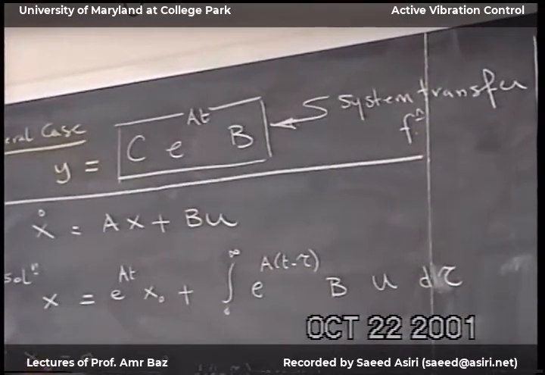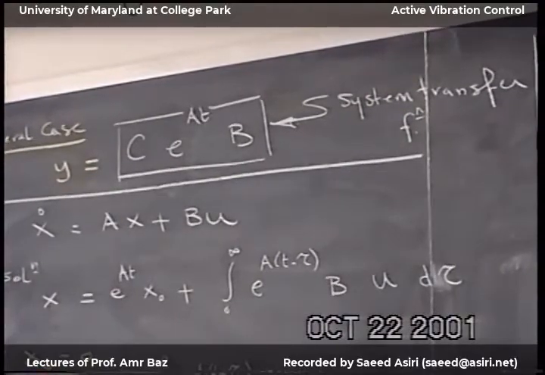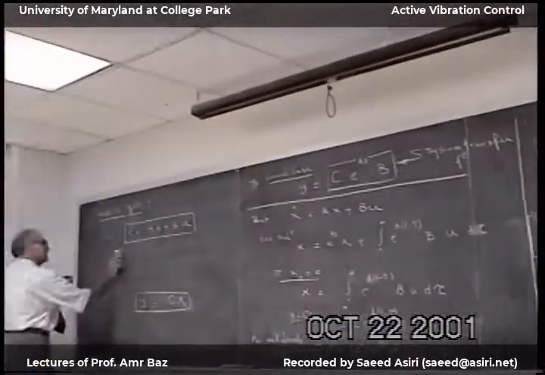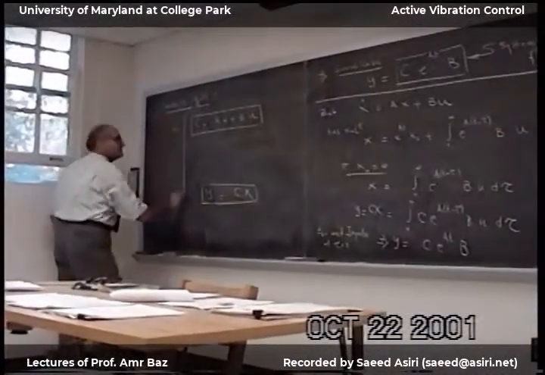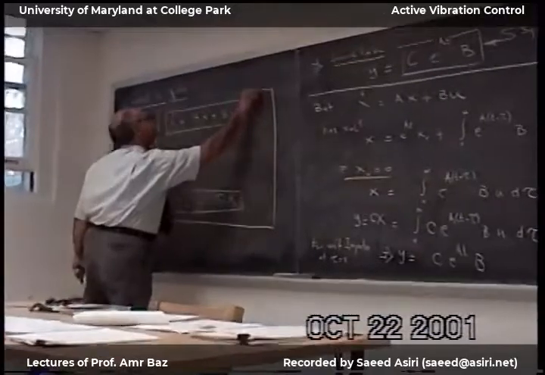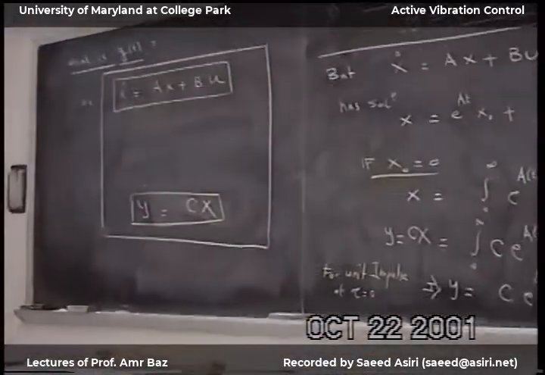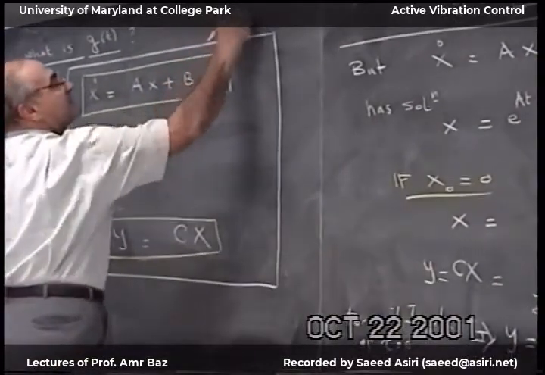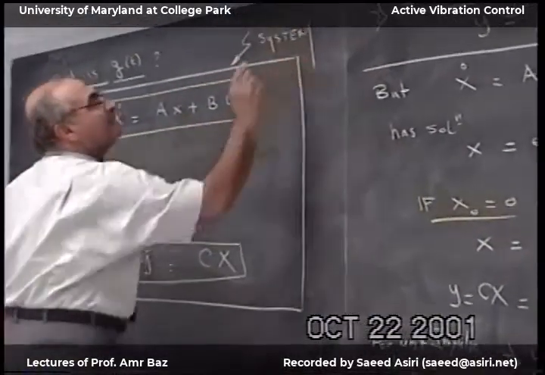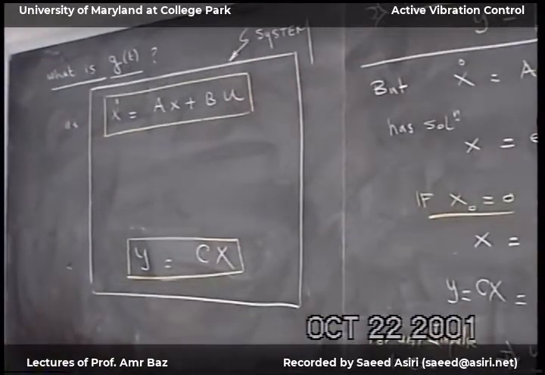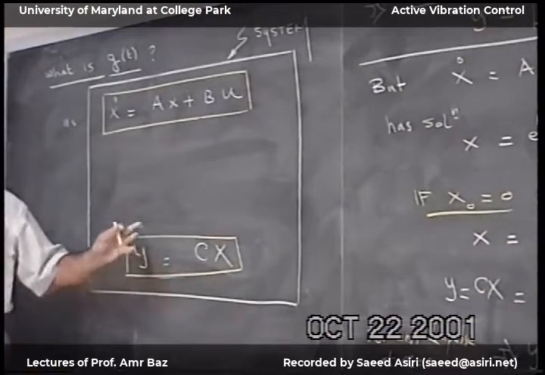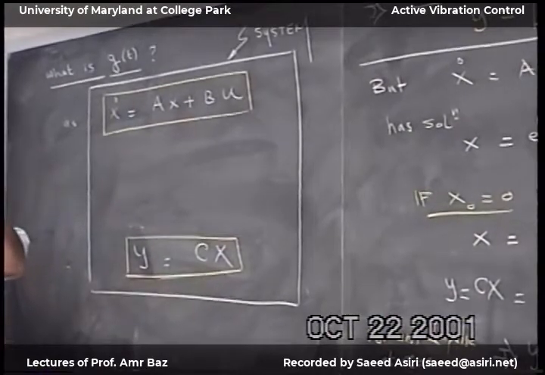Let me take all this out. Then I have this system. I don't know the A, B, and C, for example, and I want to get the response of the system, the transfer function of the system.